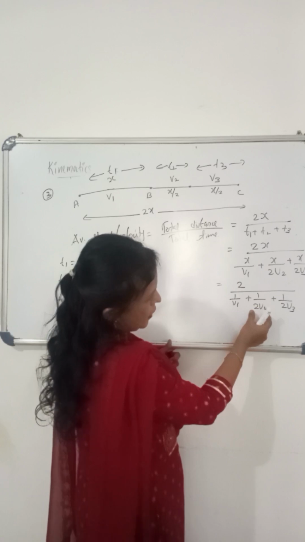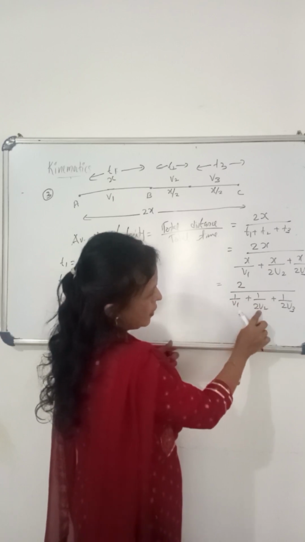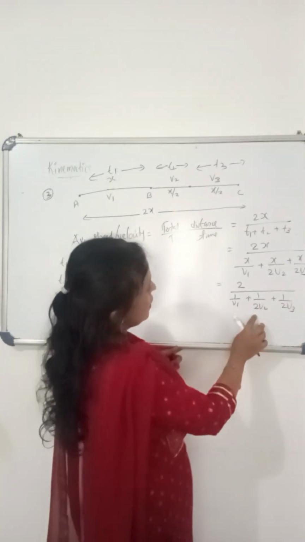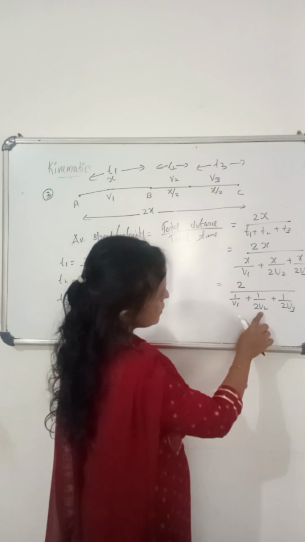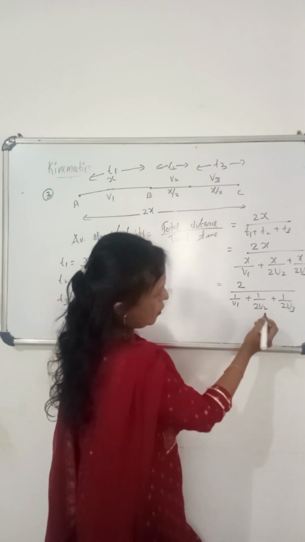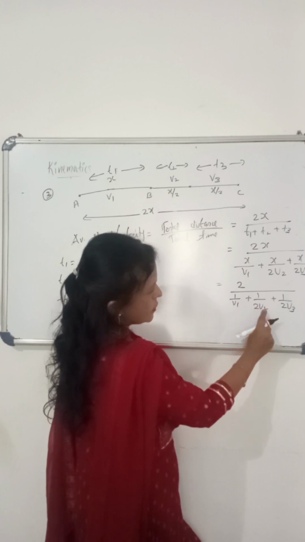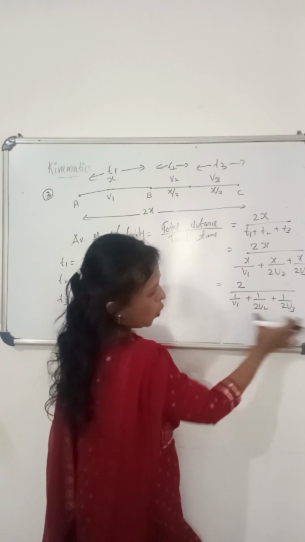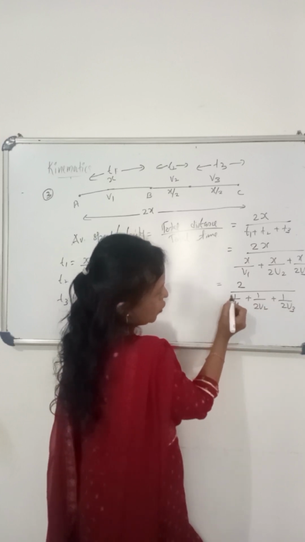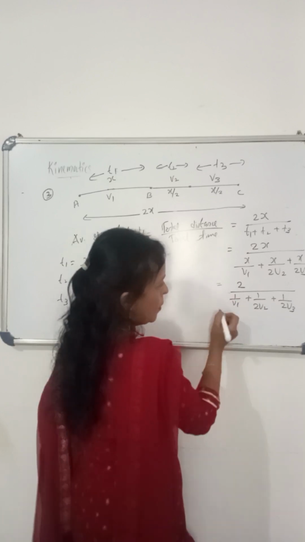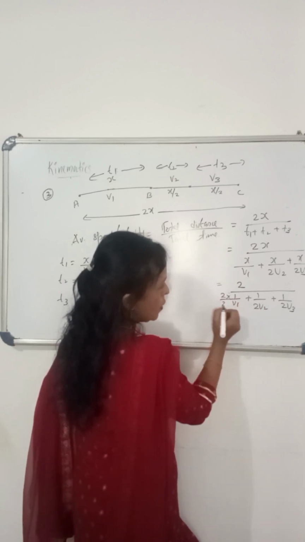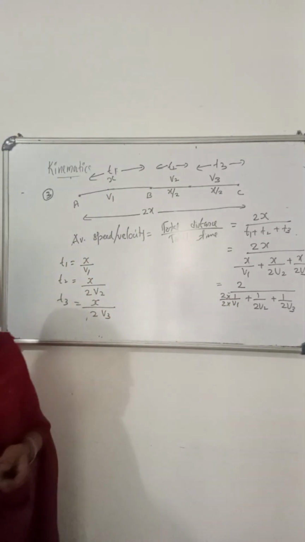First we need to find out v1, v2. Okay, how can we find v2? We want a common denominator, so 2 multiply here, 2 multiply into 2, into 2 multiply.